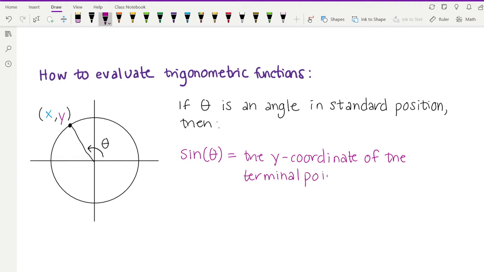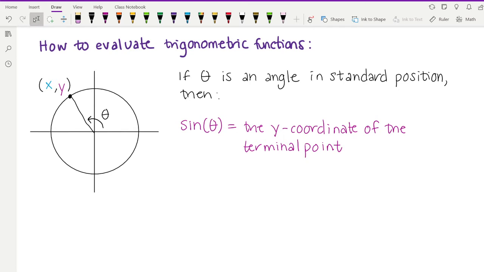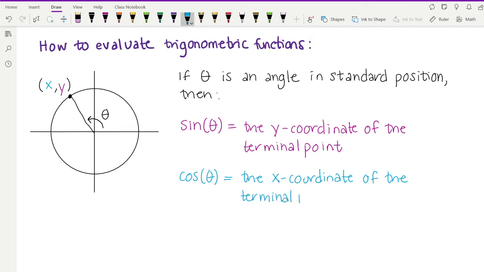of your angle. So now we can see why we did all this stuff about terminal points, because terminal points are going to be how we evaluate these trig functions. And as you might be able to guess, cosine of theta is going to be the x coordinate of the terminal point of your angle.